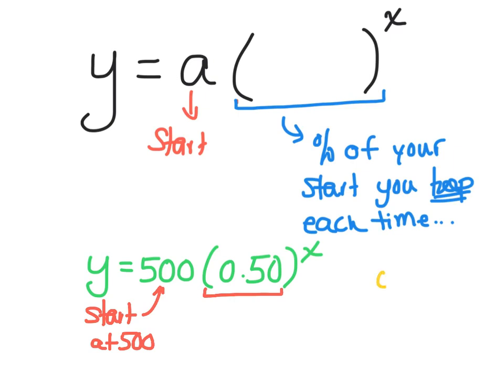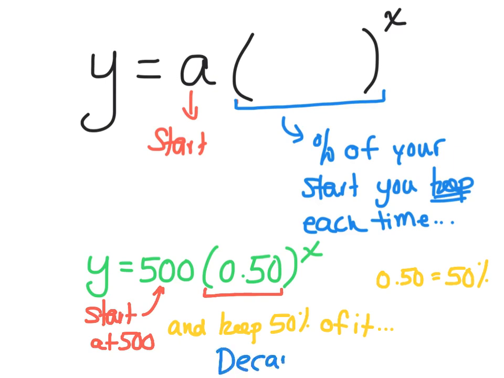The number 0.50 as a percent is 50%. So what I can interpret this as is I'm starting at 500 and I'm keeping 50% of it. Well, I could then conclude that I must be decaying because I'm losing. I'm only keeping 50%. If I started with 100% and I'm only keeping 50%, that must mean I decayed by 50%.